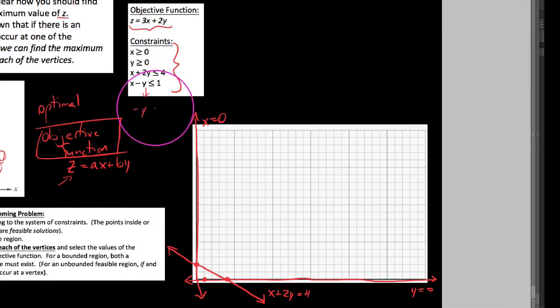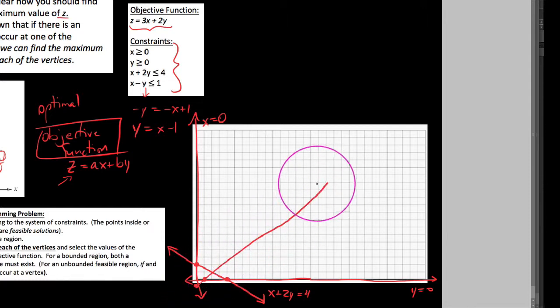This is the same as negative y equals negative x plus 1, and multiplying both sides by negative 1, we get y equals x minus 1, so a y-intercept of negative 1. So I'm still going down here, but we get this solid line going on indefinitely. Of course, I'm drawing this by hand with no straight edge. We'll label this x minus y equals 1, which was our constraint.